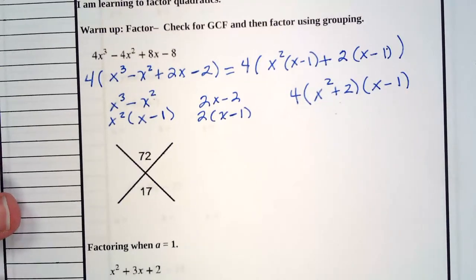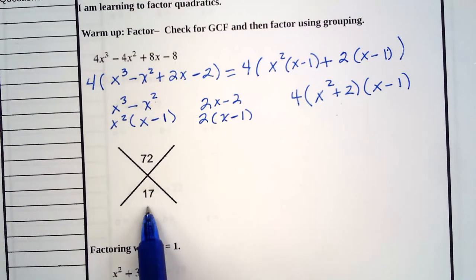Okay, so looking at the next one, what are the factors of 72 that add up to 17?